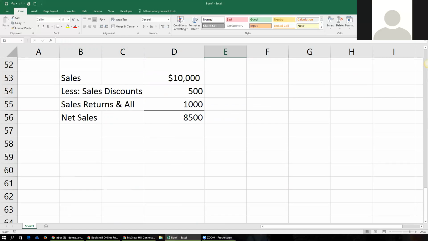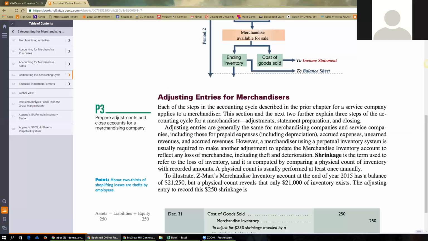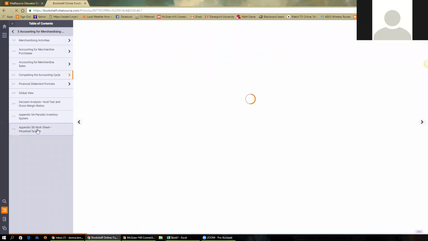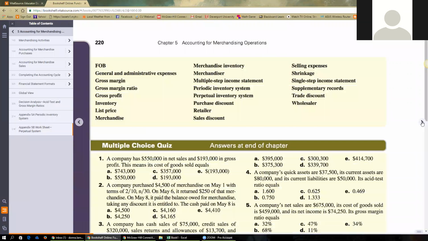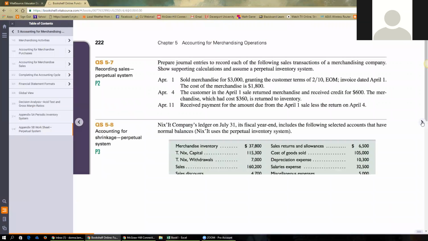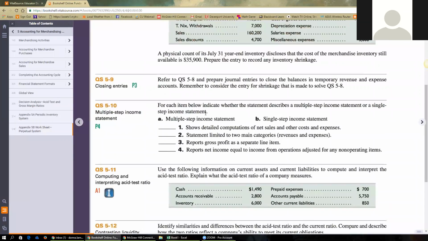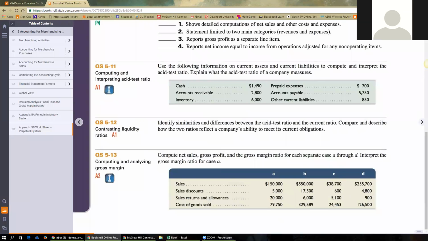And I wanted to show you something that was in the book before we go on to another concept, and that's in the homework. You're going to have questions kind of like this quick study at the bottom, where they're going to give you sales discounts, sales returns and allowances, and then cost of goods sold.